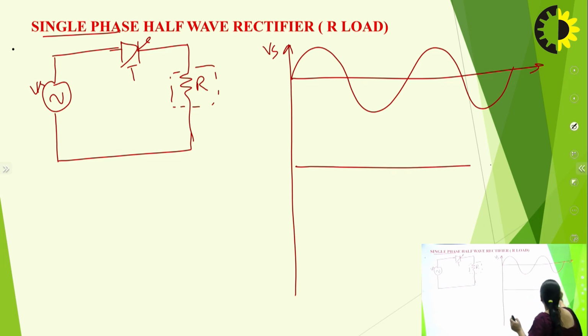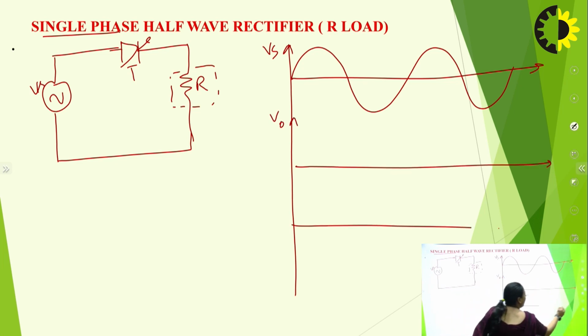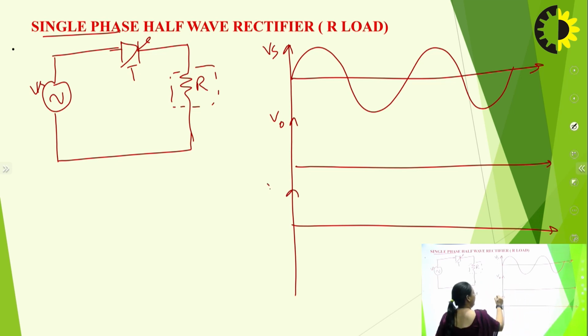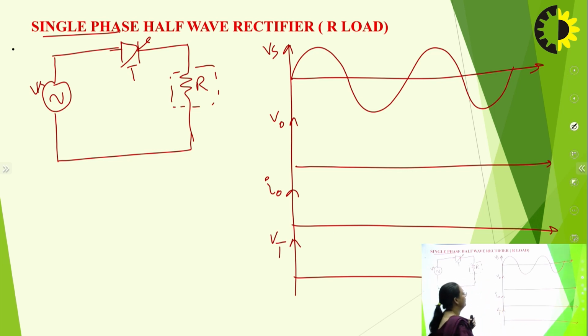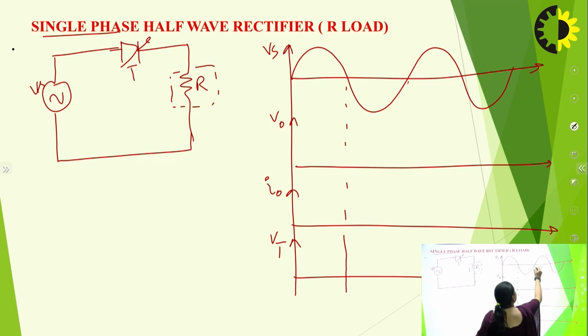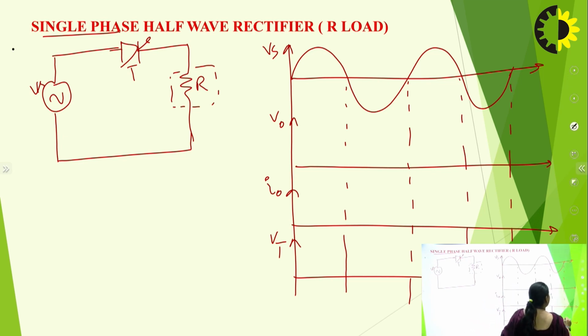And this will be the wave shape for V naught here, the I naught wave shape, and I also make the wave shape for the voltage across the thyristor. Okay. So as I have already told you, for the thyristor to be in turn on state, it must be forward biased first of all, then it must have the firing pulses at the gate terminal.